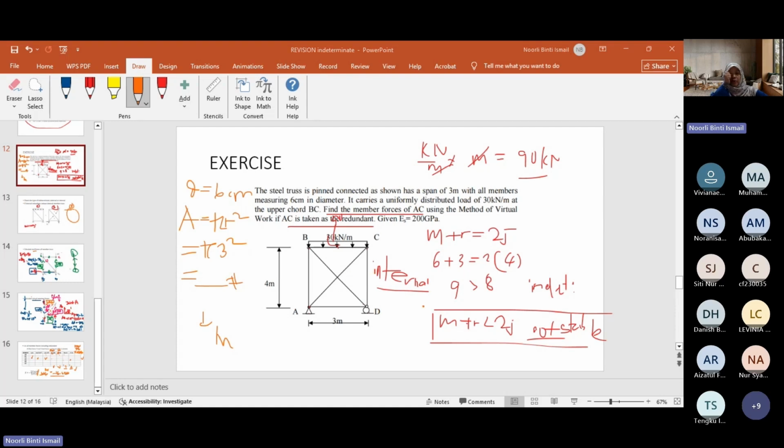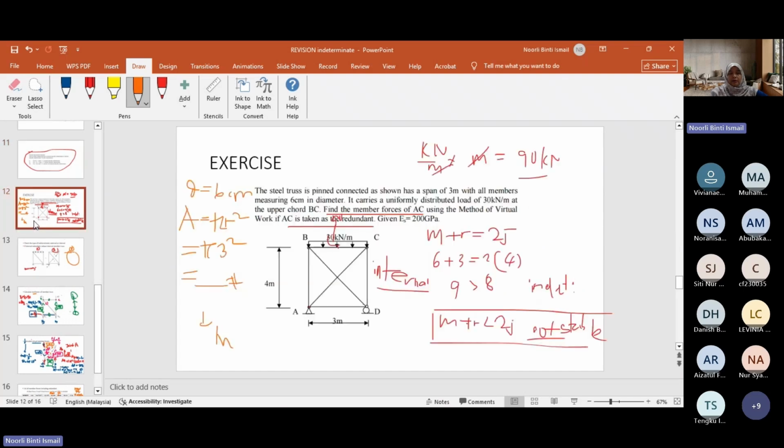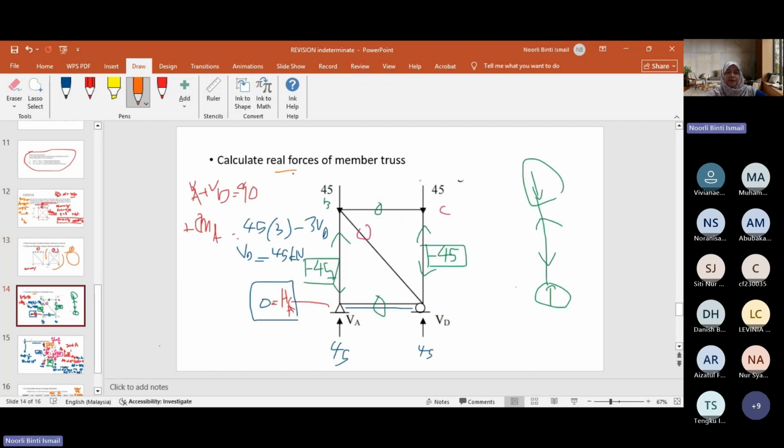So how do we know if it is external or internal? You can apply this formula. Or maybe if you already know how to recognize, you can straight away tell internal or external. If you see here, the support reactions, we have 3 already, right? So it means internal, where you need to remove 1 member truss. That's why we have this second set. After you do this, then you can find the real forces.